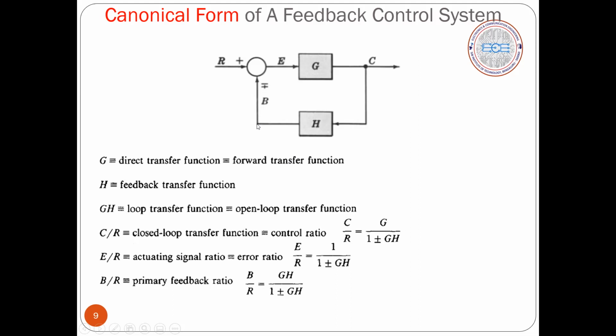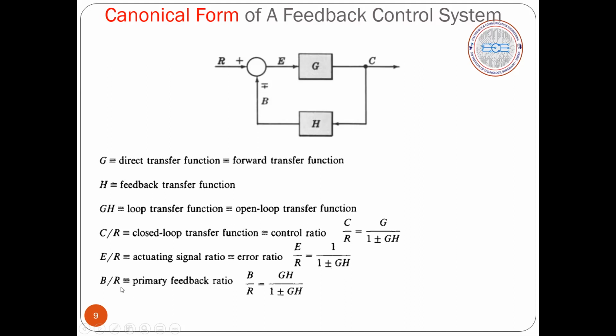Okay, and the E by R ratio, if I take the error signal to the input, we call it the actuating signal ratio, or the error ratio. The error ratio is given by E by R is equal to 1 divided by 1 plus or minus G into H. So if you are having minus or plus here, you will get plus or minus here.